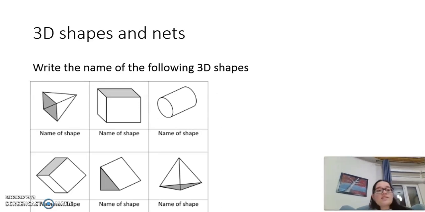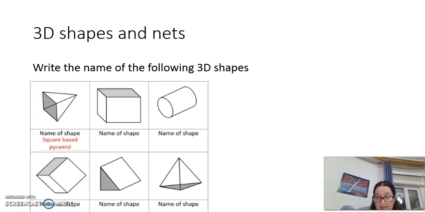The first exercise for you is to name the shapes. The first one, as you can see, is a pyramid, and the base is a square, so it's a square base pyramid. The second one, you know it, it's like a box with rectangular faces and a rectangular base, so it could be a cuboid or a rectangular prism.